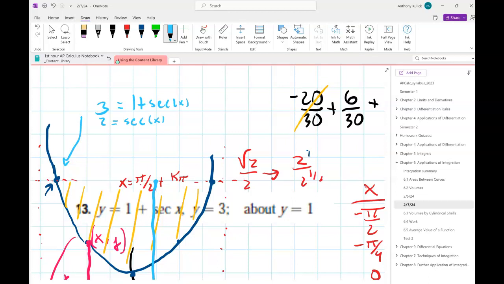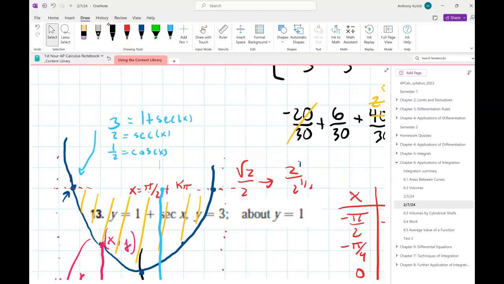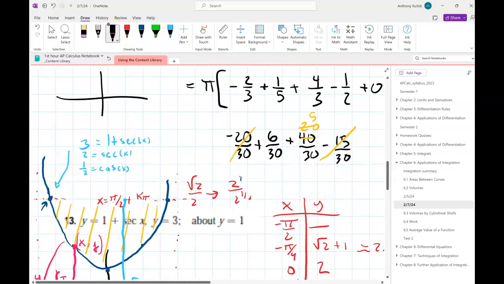I'm a lot better on the unit circle with cosine than with secant. I think you guys would probably agree with that. So what we'll do is we'll do the reciprocal of both sides. And then where on the unit circle is cosine equal to 1/2?